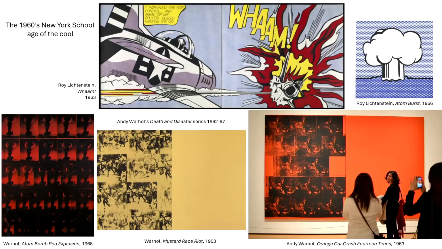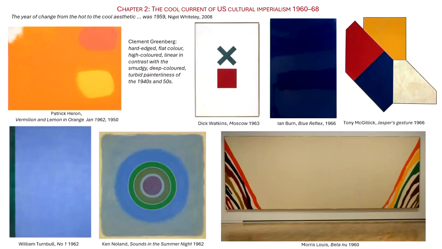You feel the shadow of the war still there, playing out in the 60s in New York, but in this very sort of ironic, detached, cool way. And this is chapter 2, which is very quick, the cool current of US cultural imperialism.